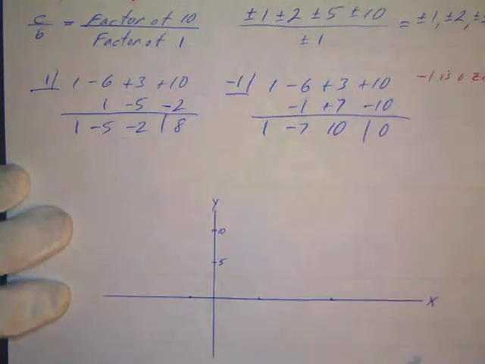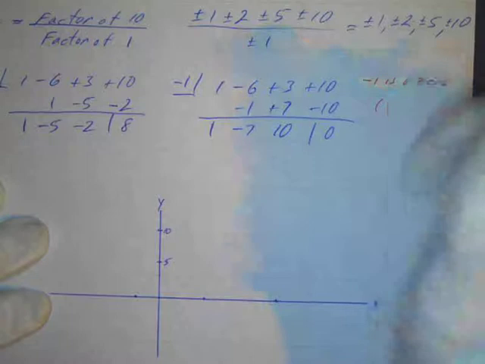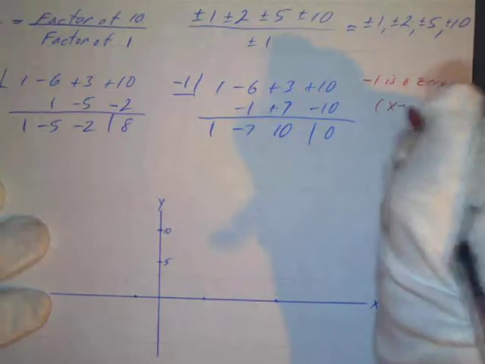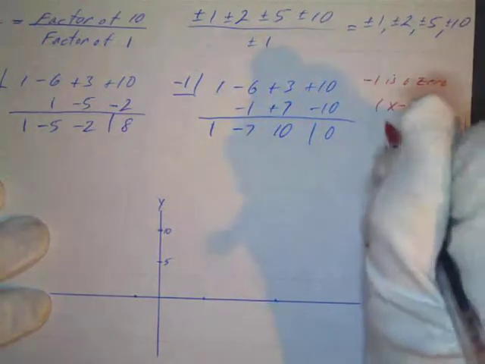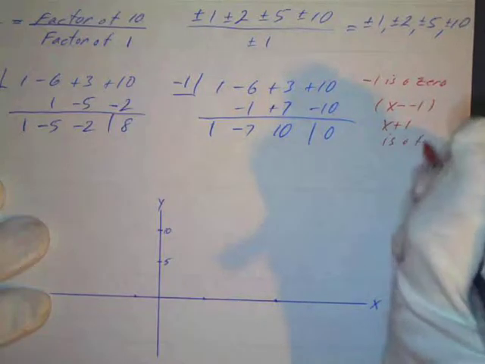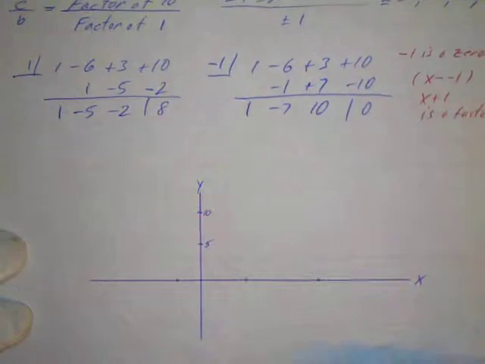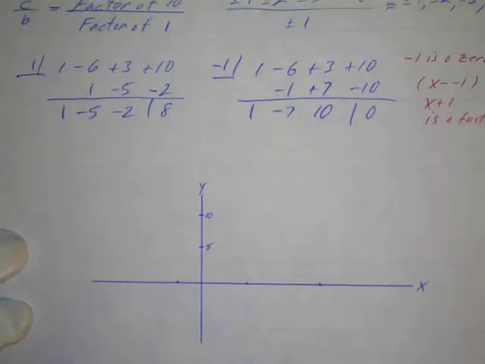And remember, if negative 1 is a 0, what does that mean? It is a factor. That means that x minus negative 1, or x plus 1, is a factor. So I can look over here and I know that my other factor, so I've got x plus 1 is a factor.